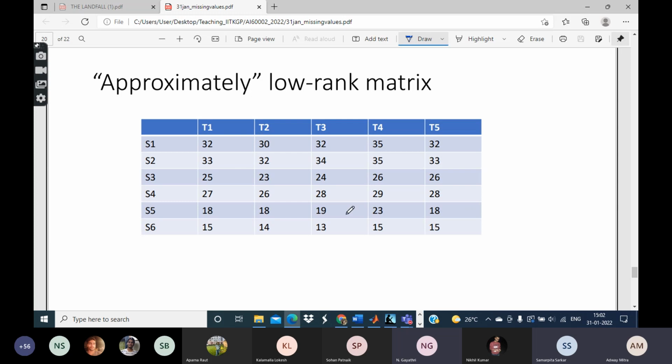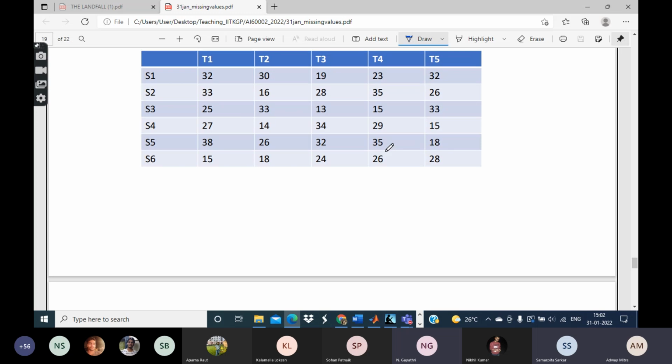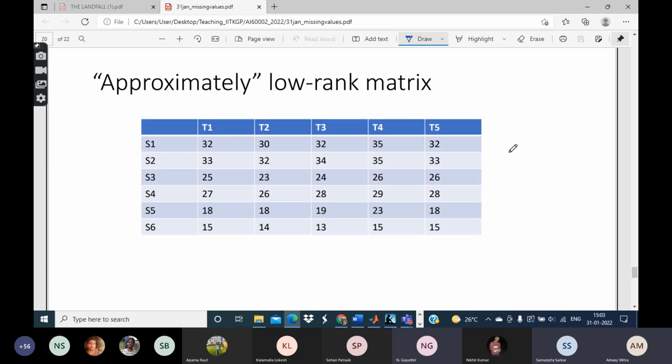So if we consider the mean value of both S1 and S2 and replicate those mean values along this row as well as on that row, the difference between such a matrix and this matrix will not be very great. That is, the Frobenius norm of their difference will actually be small. Seen in that way, we can say that this is an approximately low rank matrix.